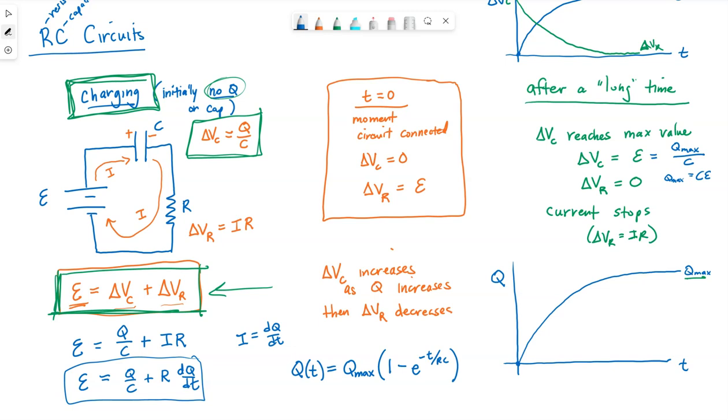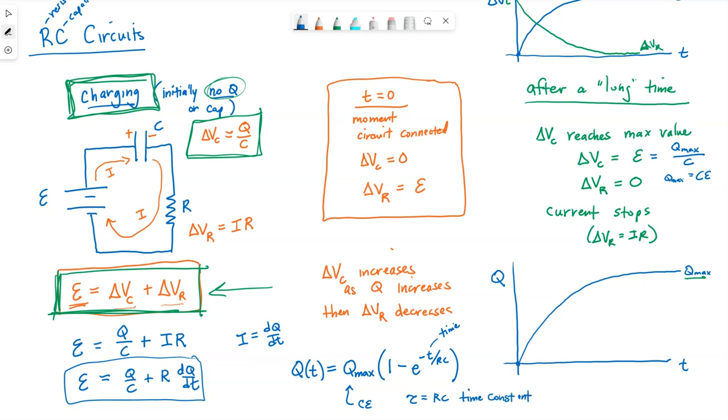So as we've already mentioned, Q max is C, the capacitance, times the battery voltage. T here is whatever time we care about. It's just some moment in time we're calculating for or asked about. This quantity of R times C is called a time constant.